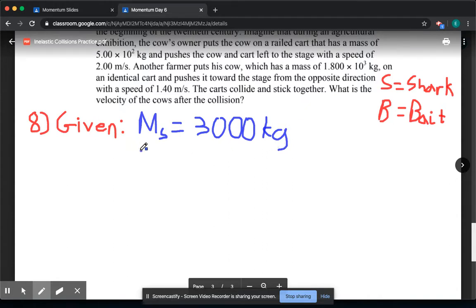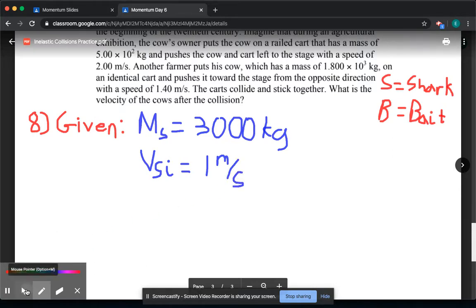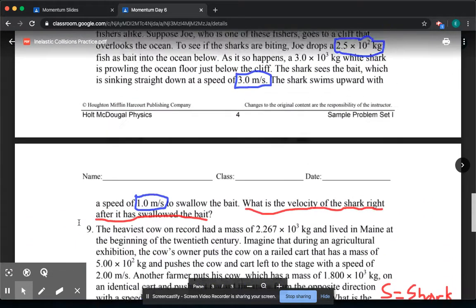The velocity of the shark in the beginning, so VSI, the initial velocity of the shark, is 1 meter per second. And be careful with your signs. So let's go back to the problem.